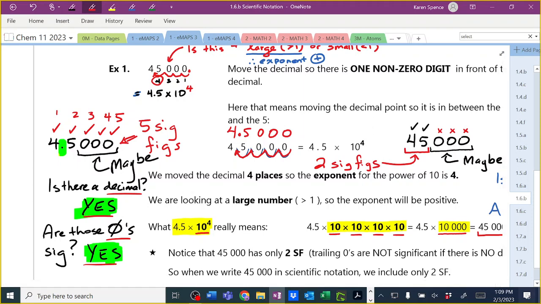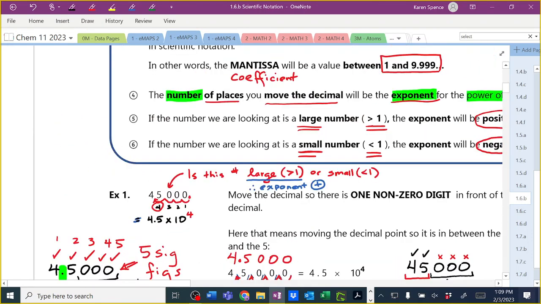You must be consistent between the number you are given and the number that you find. So if you are given 2 sig figs, your answer must have 2 sig figs. If I give you 3 sig figs, your answer must have 3 sig figs. So in our question, if we go back to our question, the question was 45,000, and that had only 2 sig figs.